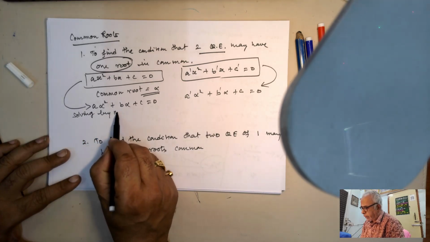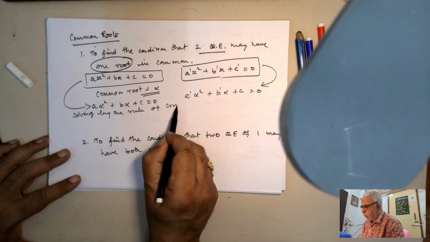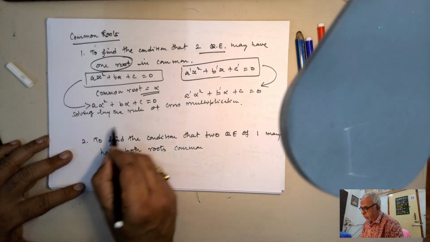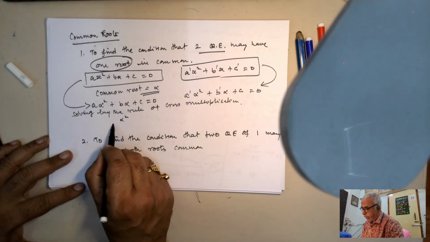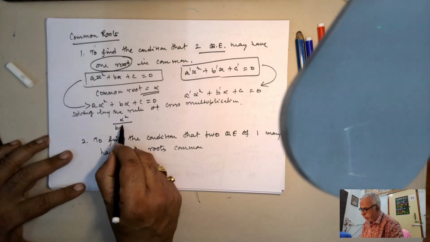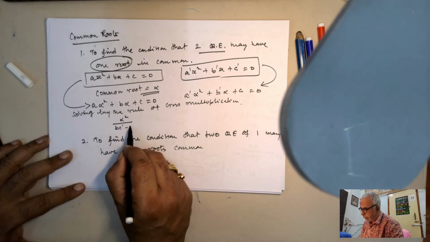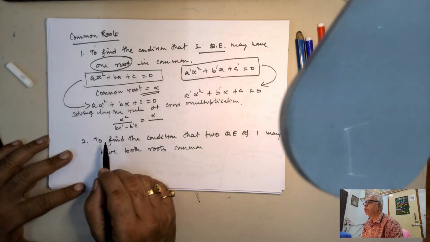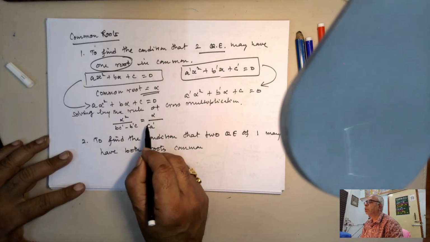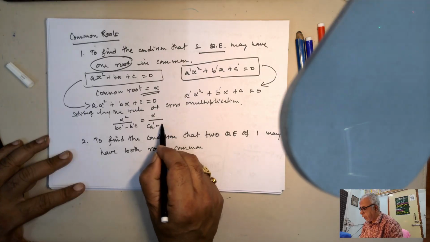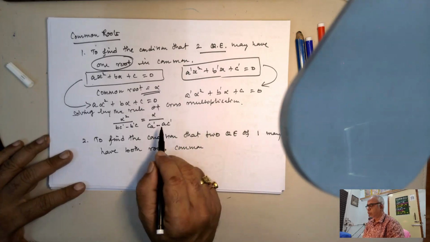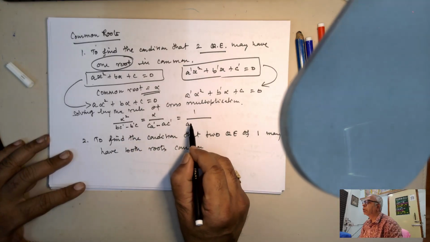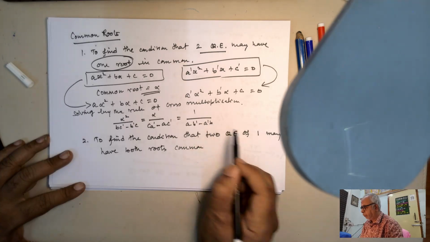Solving by the rule of cross multiplication, we get alpha squared divided by bc prime minus b prime c is equal to alpha divided by ca prime minus ac prime, that is equal to 1 divided by ab prime minus a prime b.